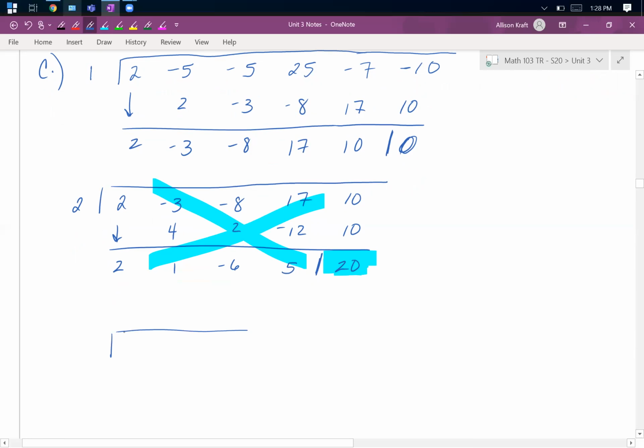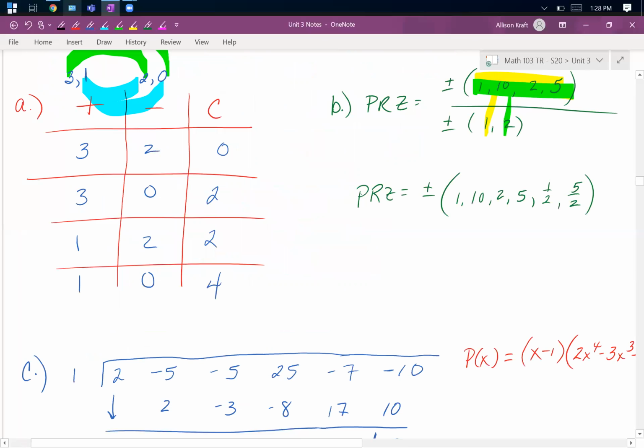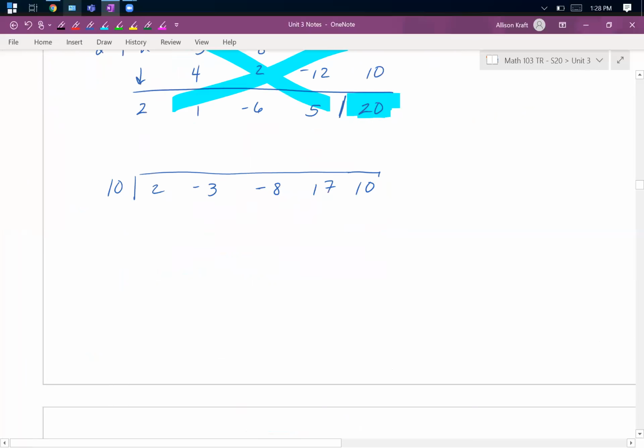Ten. I'm not feeling good about this one.